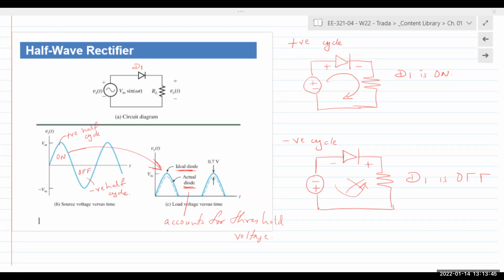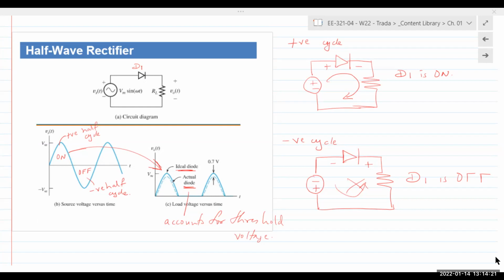Anyway, rectifier circuits. We looked at rectifier circuits based on diodes. A diode has the property of one-way operation, kind of like a one-way street. So the half-wave rectifier we looked at had a single diode, and we saw the operation of the circuit where the diode conducts current in one half cycle, then it's off in the other half cycle, right?